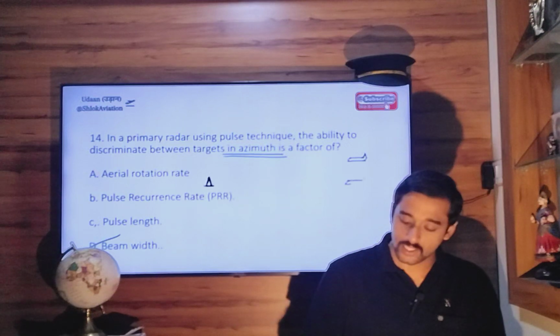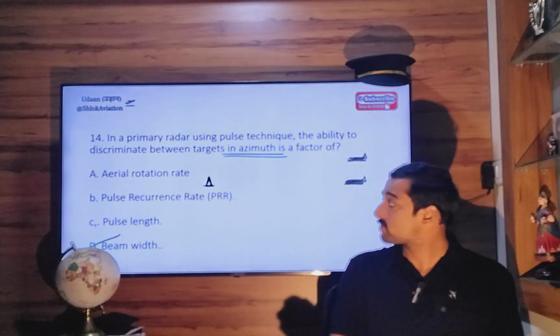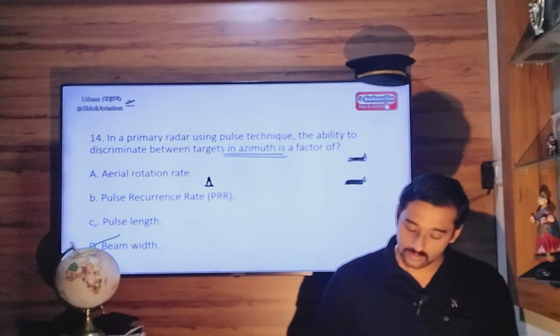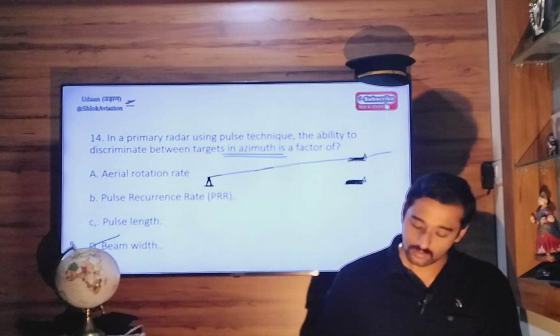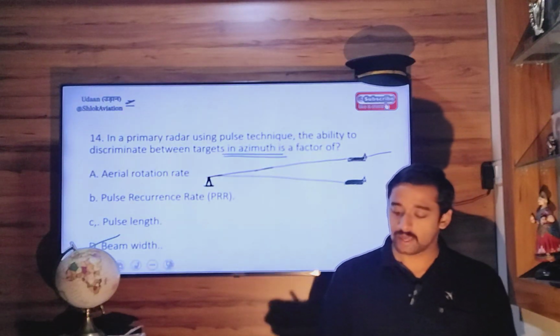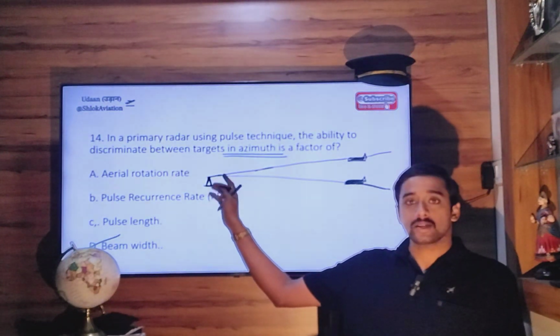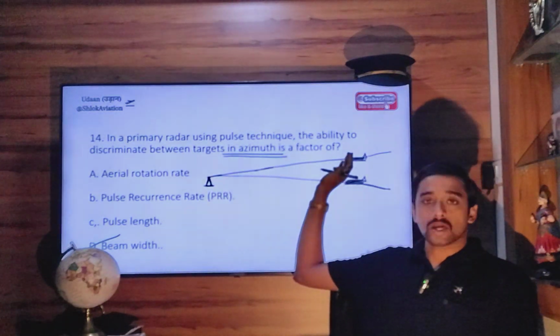There are two aircraft in the air. So the radio beam which will be transmitted from the transmitter will be something like this. It will go to these two targets.